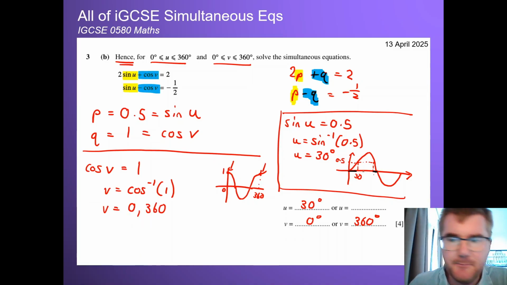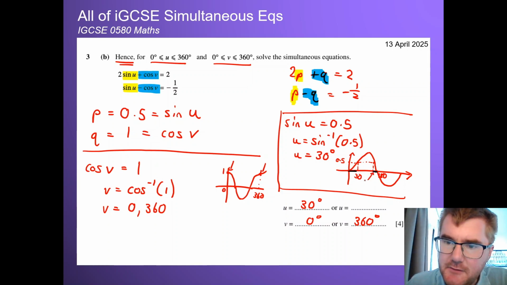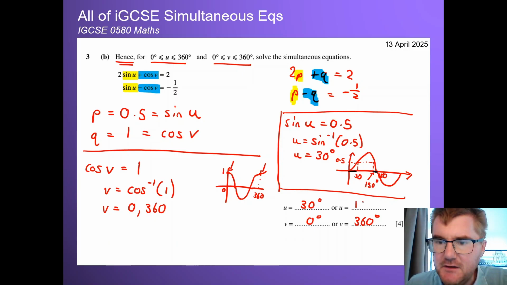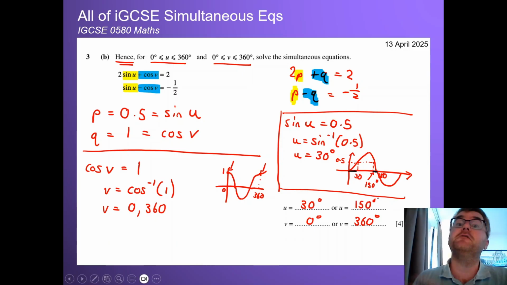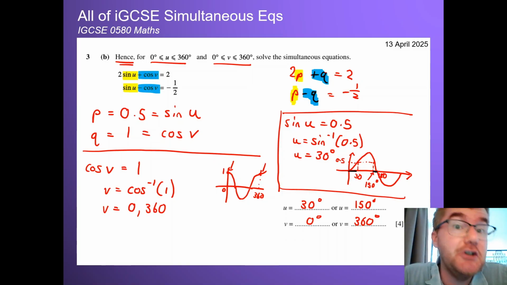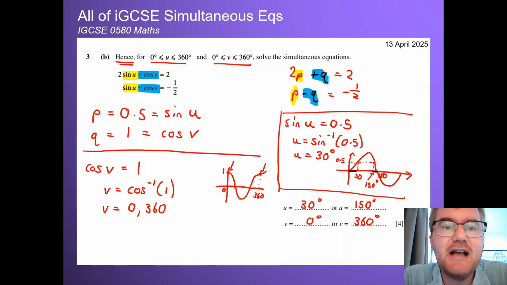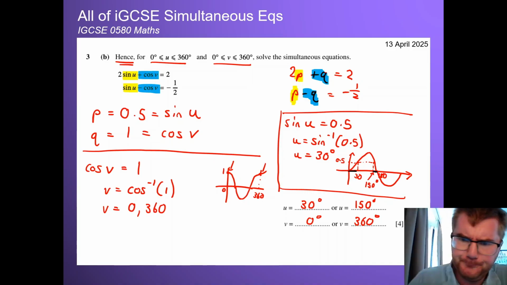Let's use the red pen here. So the answer we're looking for is 180 minus 30, which is equal to 150 degrees. Teachers will teach that slightly differently. I tend to stick to graphs, avoiding the unit circle until you go into A level and IB. But you can use that as well to do these questions.